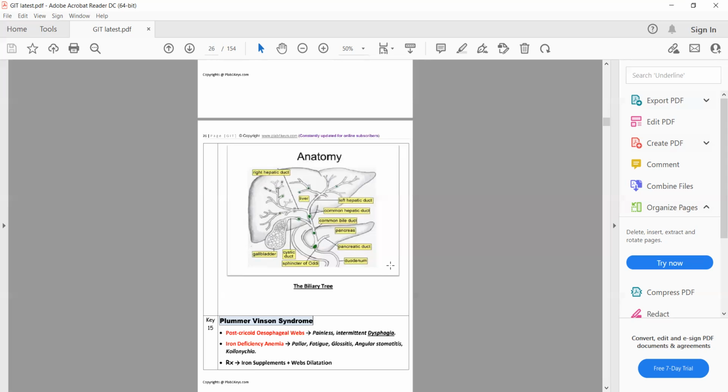So for the diagnosis of cholecystitis, jaundice is not required. But if along with right upper quadrant pain and fever, there's jaundice, marked jaundice, then it is ascending cholangitis.